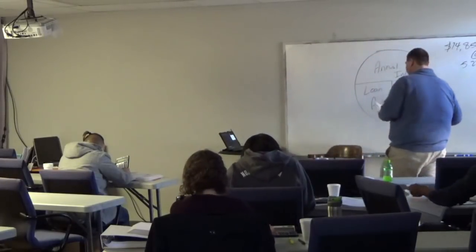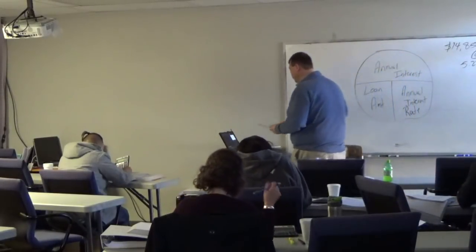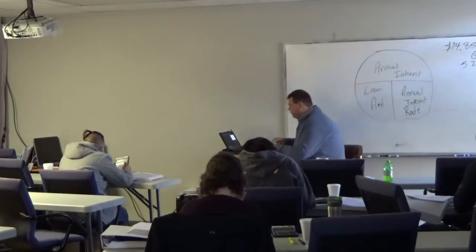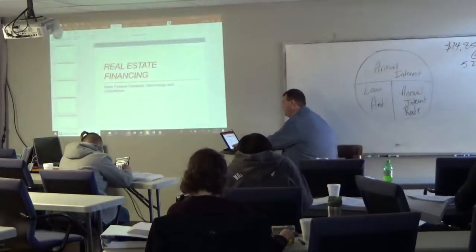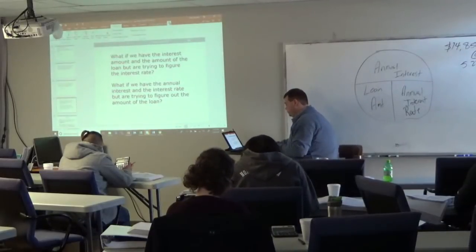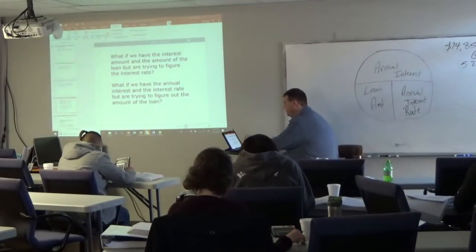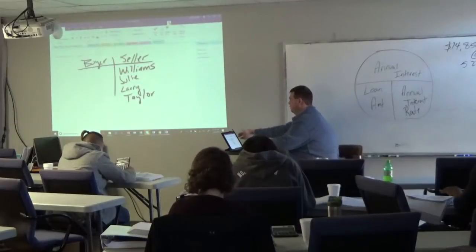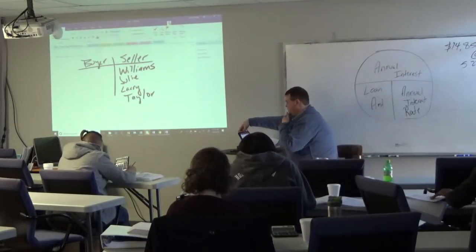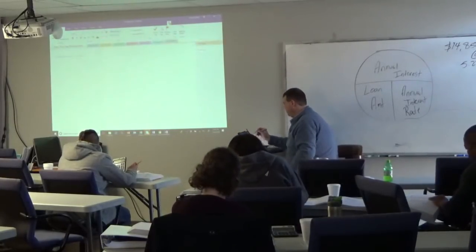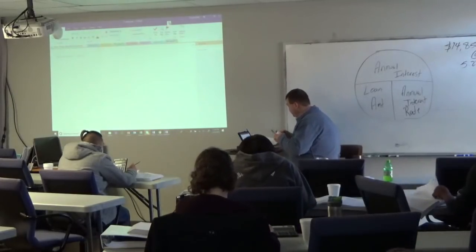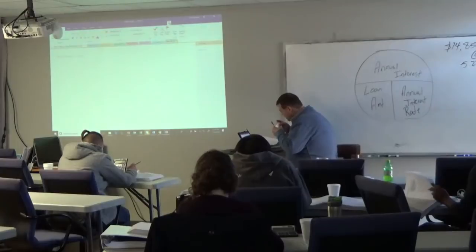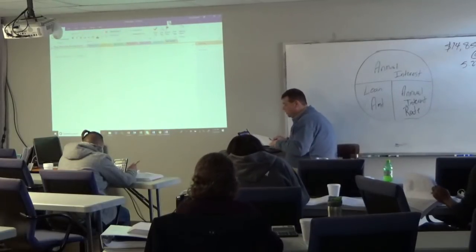Number one says we're going to calculate the annual interest paid on a $175,000 mortgage, which is issued at a 6% annual interest rate.